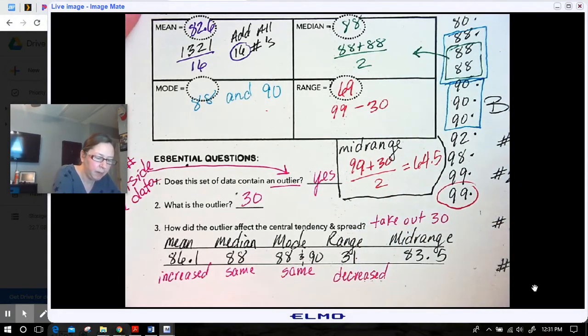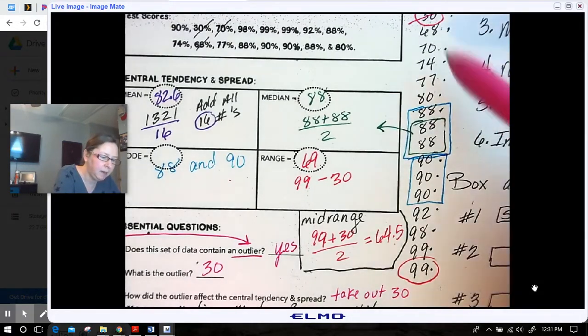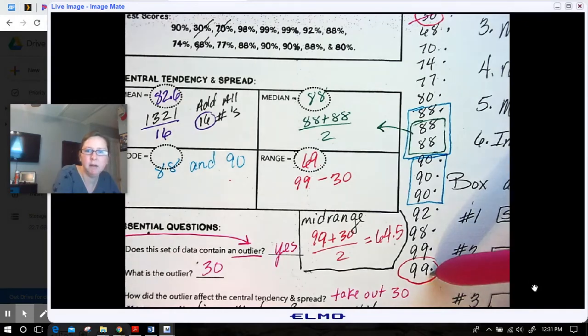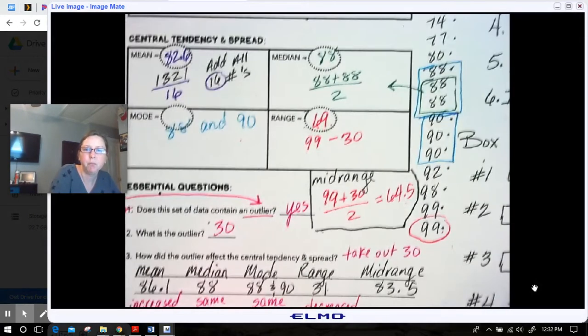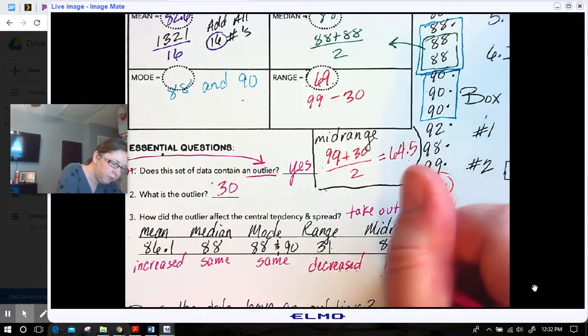And then the mid-range went from 64.5 to 83.5. To get this number, I had to do 68 plus 90 and divide by 2. Okay, and so this number increased.